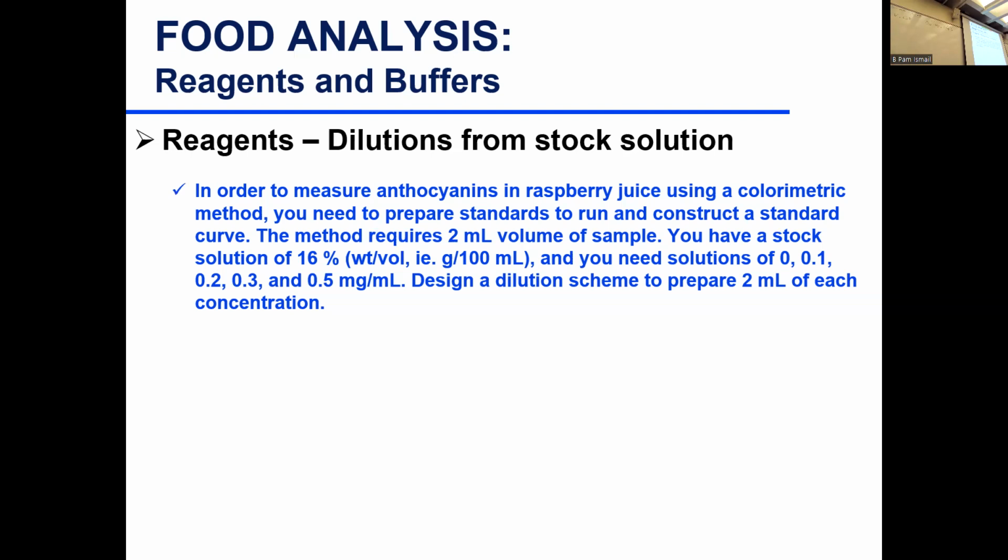I have 160 milligrams per ml, and I'm going to look for the volume to prepare 0.1 milligram per ml. And I want 2 milliliters. So what's my volume here?